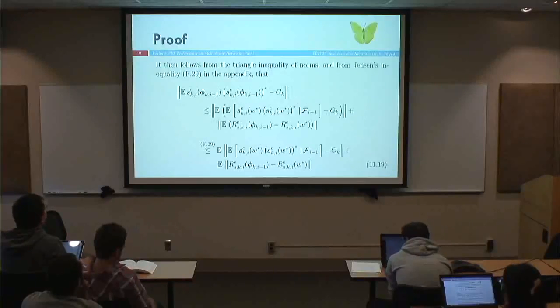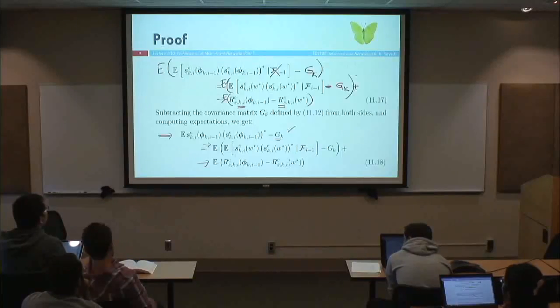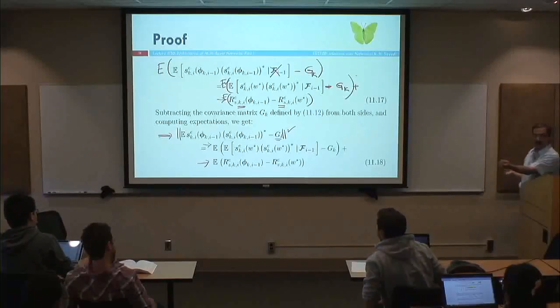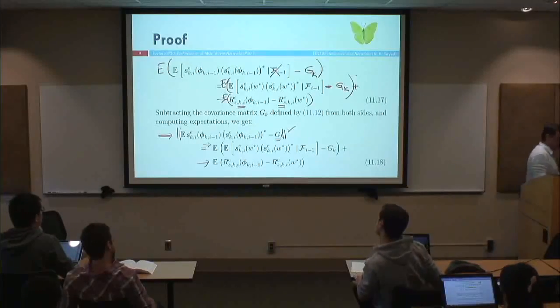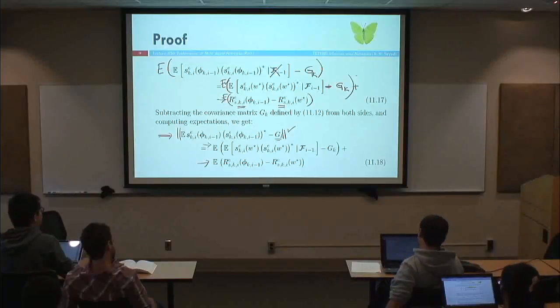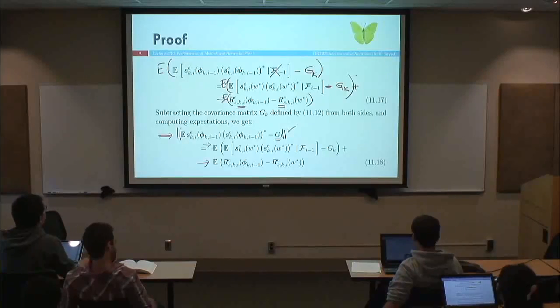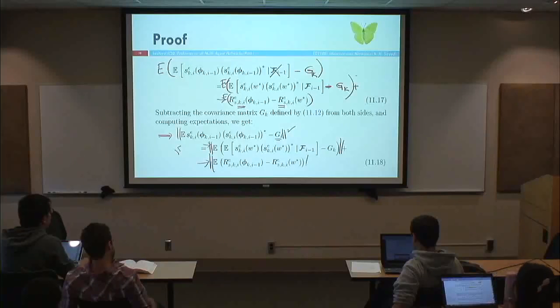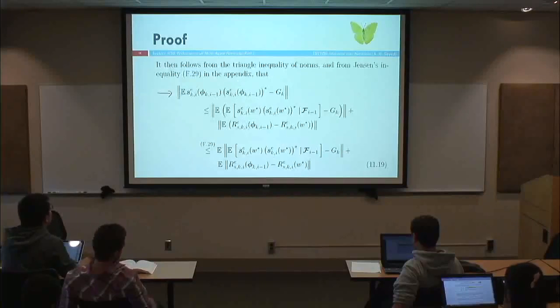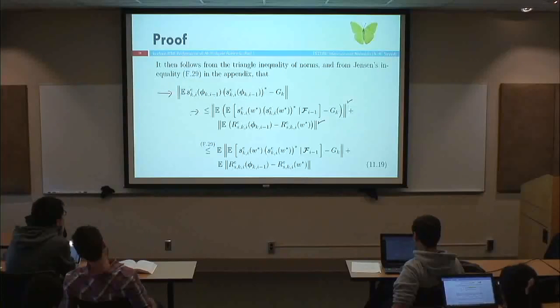Okay, so now let's look at the norm of the difference, right? Because that's what I want to show, that this is small. So the norm of this difference will be upper bounded by the norm of this plus the norm of that, correct? Norm of the first term, norm of the second term. Now here, I can apply Jensen's inequality.